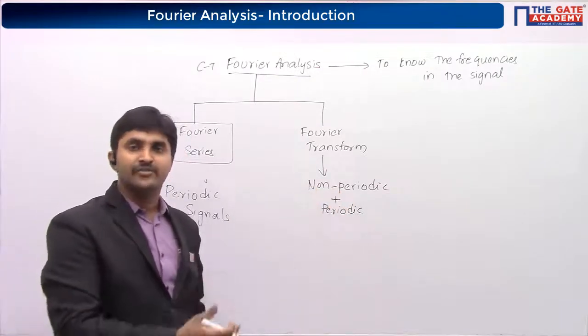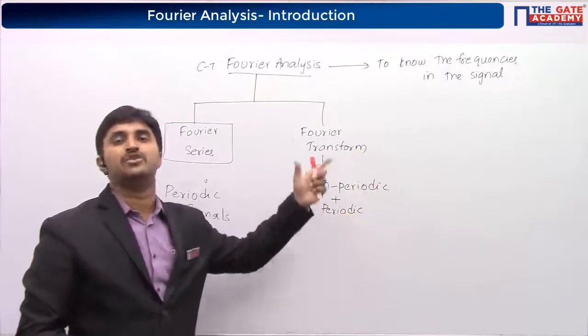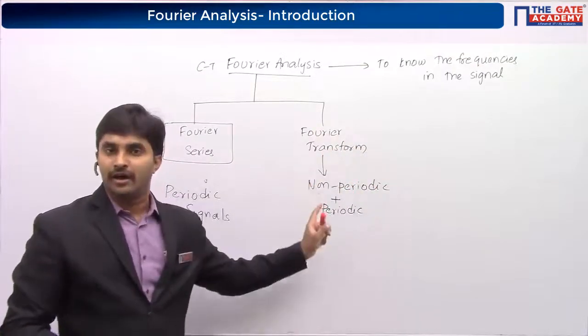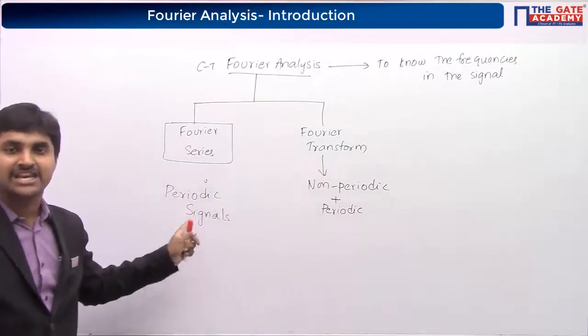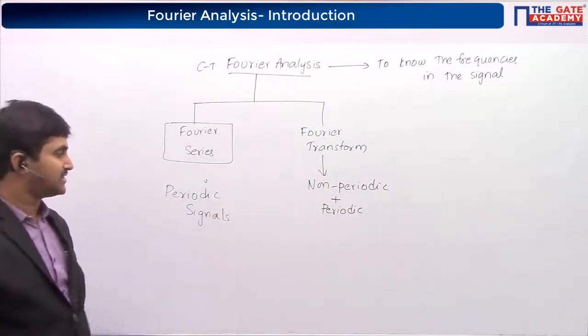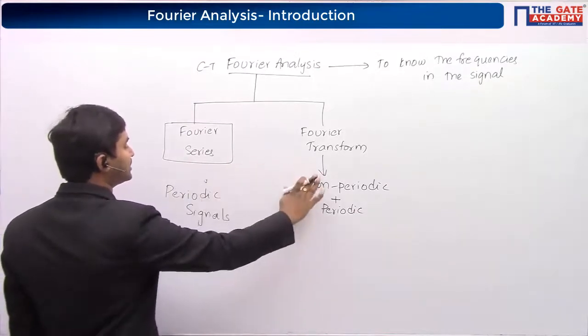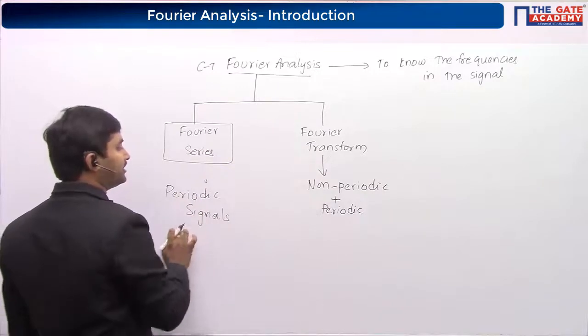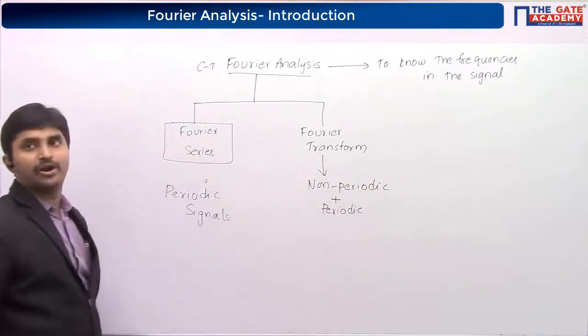That is why, when we see the functions on which we apply Fourier transform, the majority of them are going to be non-periodic in nature. Right, so this is the major difference between the Fourier series and Fourier transform. One will help you for periodic, the other essentially for non-periodic, but it can also take care of periodic signals.